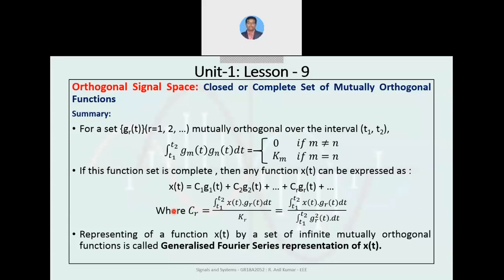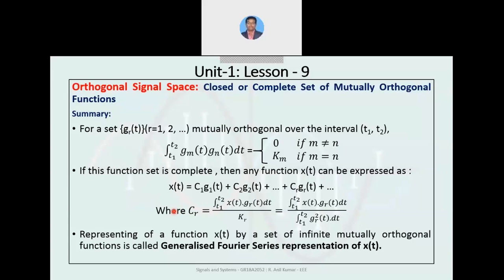Considering the set gr of t for r equals 1 to infinity, mutually orthogonal over the interval t1 to t2, as you already know, the integral of gm of t into gn of t for the two signals is equal to 0 if m is not equal to n, and equals km if m equals n. It is a similar condition to what we discussed for vectors for the mutually perpendicular or orthogonal condition.